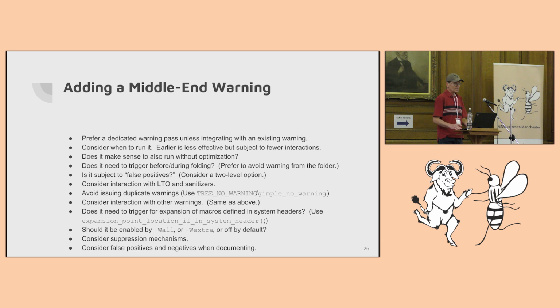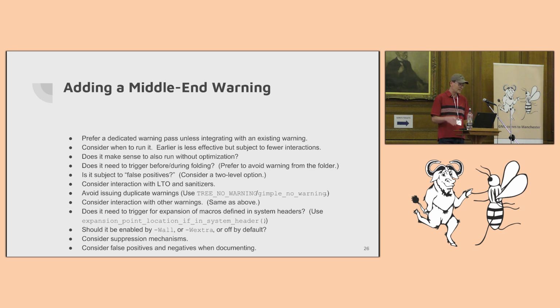When adding a middle end warning, I have put together a list of guidelines that I would recommend following, based on my own experience. There tends to be a preference among GCC developers and maintainers in particular for dedicated warning passes rather than sprinkling warnings all over the place.